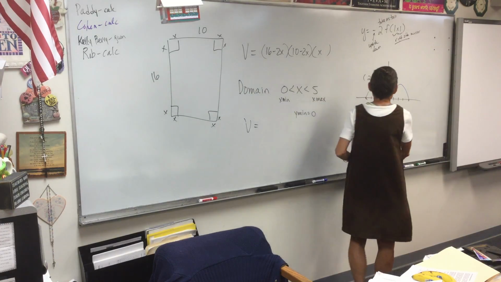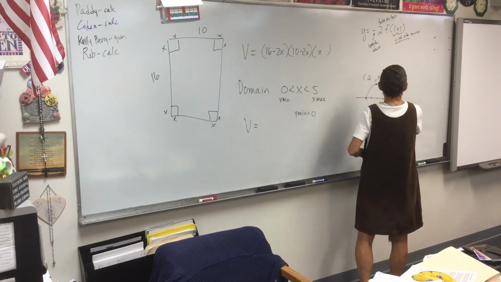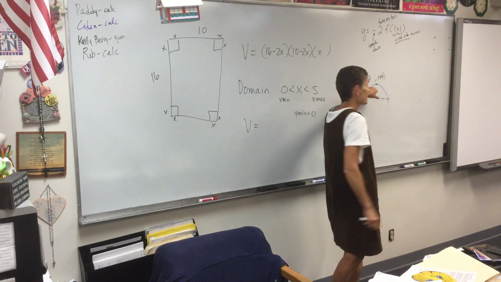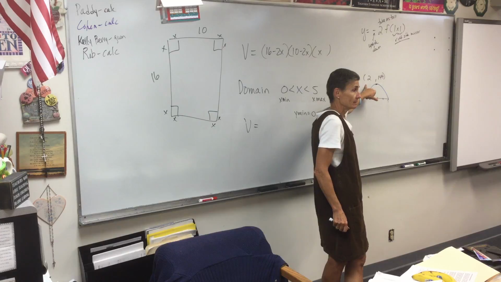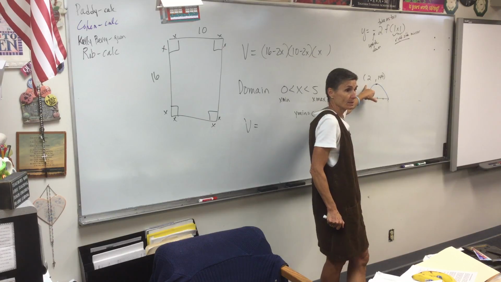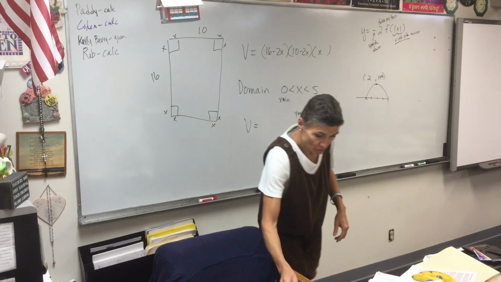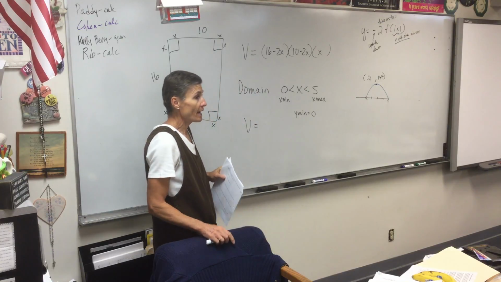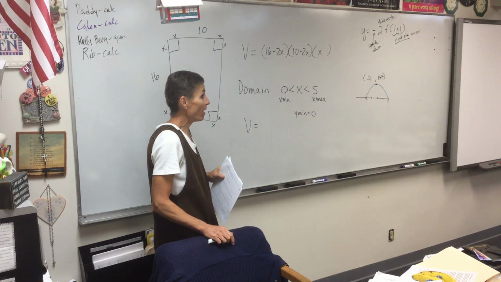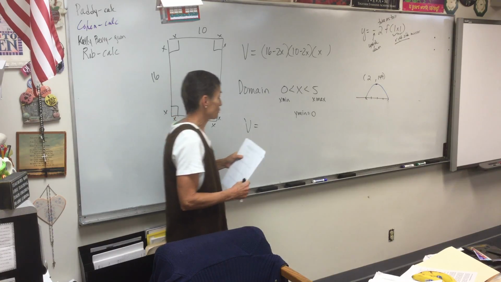The picture doesn't look like this. This is the leftover from the last one. That should be the point that you come up with. Then we have to answer the question. Find the maximum volume of the box. You have 2 answers.